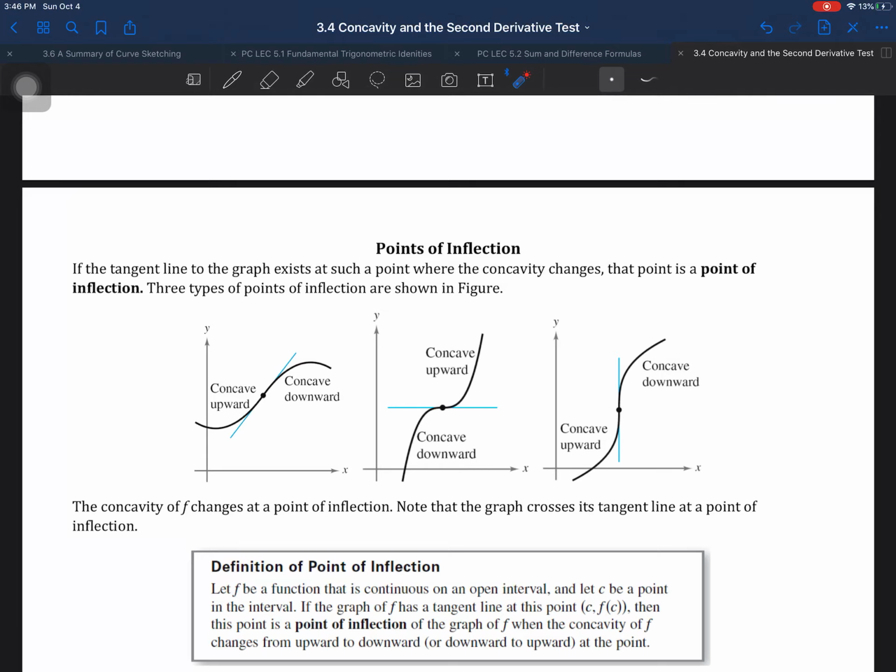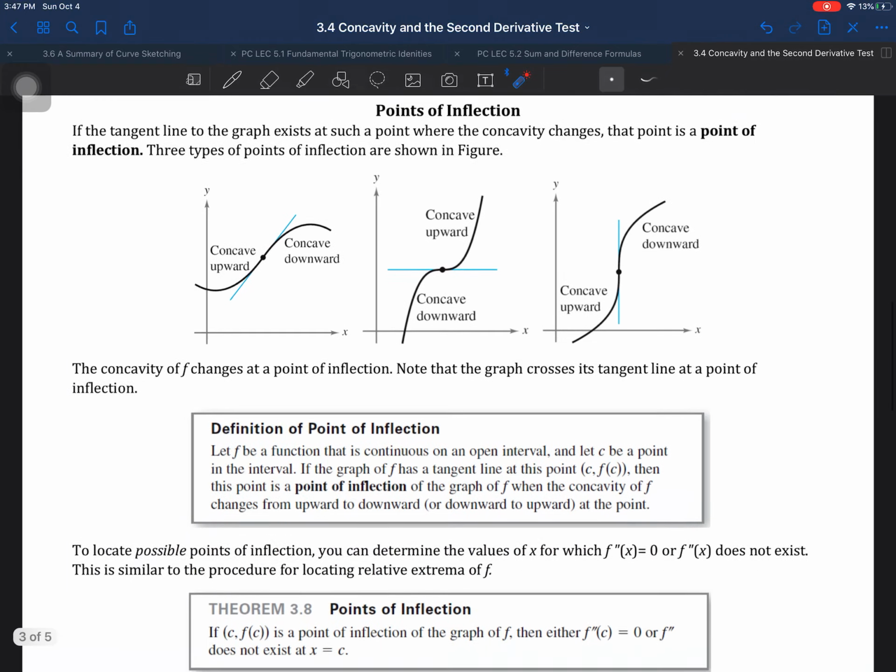Because it's a big deal, we're going to give it a name. That's known as the point of inflection. The point where it changes from concave up to concave down, that's the point of inflection. Where it changes from concave down to concave up, that's the point of inflection. So anytime there is a change of concavity, that point is an inflection point.